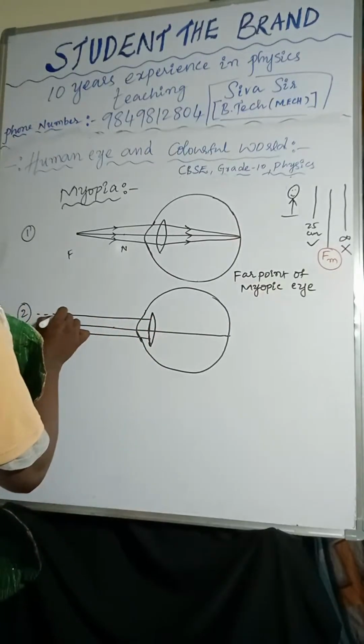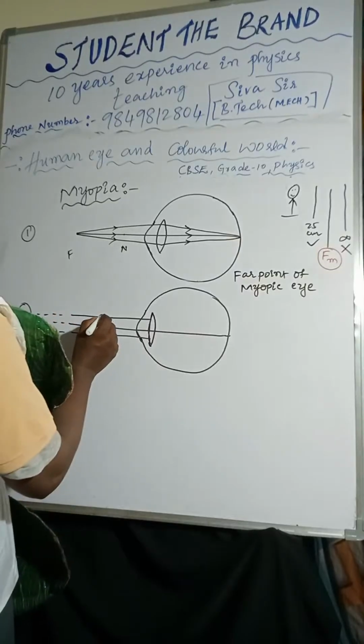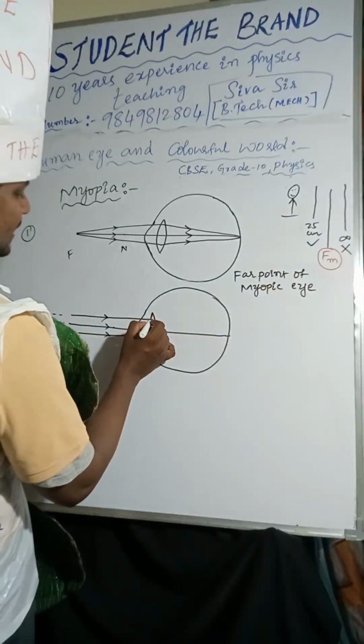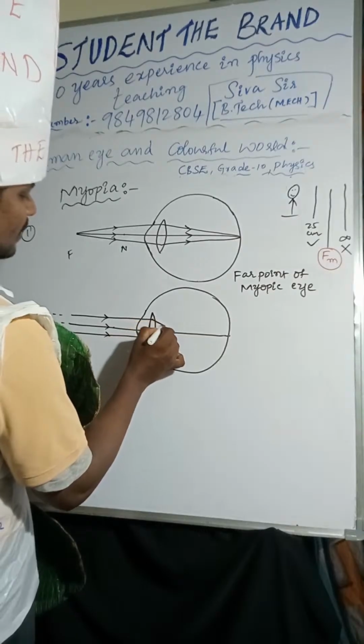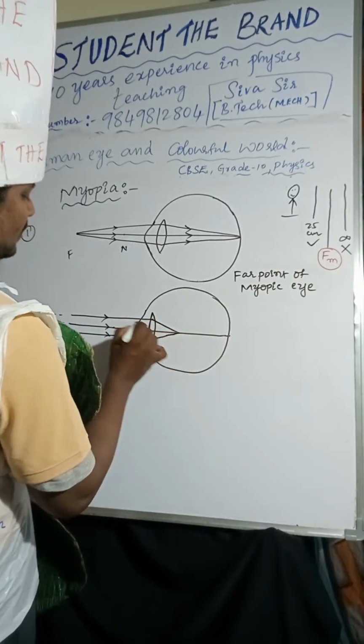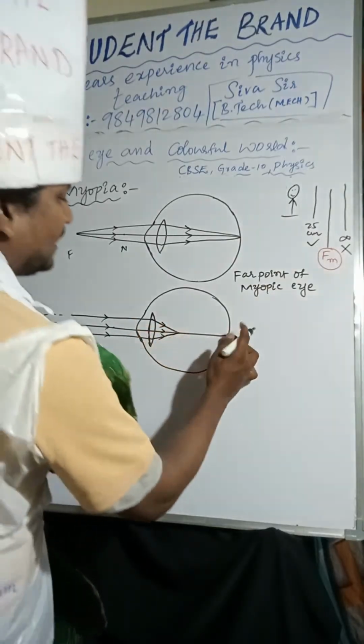These dotted lines represent light rays coming from infinity. Those light rays will meet here. Those light rays are meeting in front of the retina. Actually, this is the retina.